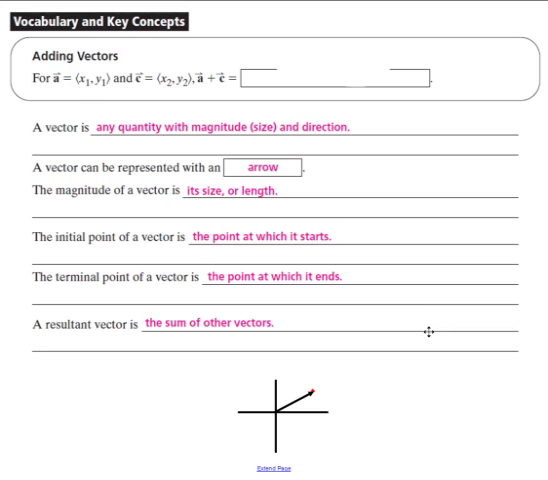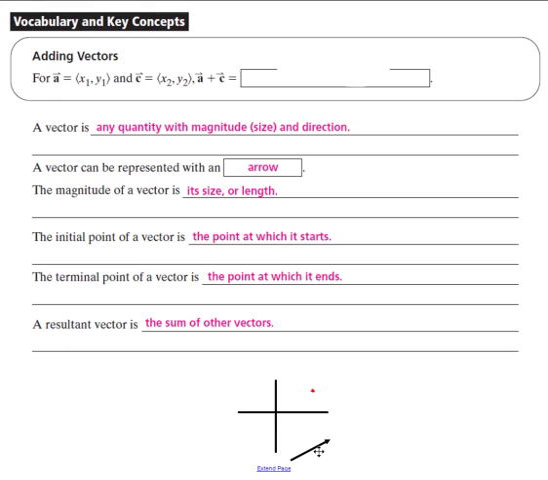Now the thing about vectors is that when we use x and y coordinates to describe them, that doesn't necessarily mean that they start at the origin and end at that point. All the x and y coordinates do is allow us to build the vector, and then the vector can be moved around anywhere in a plane. So if this arrow were here, we would describe this as 3, 2.